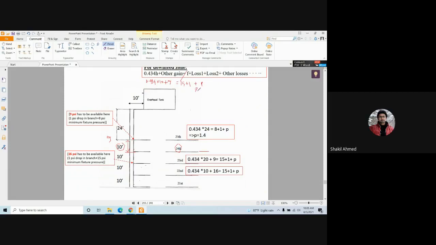The value would be 0.434 into 10 plus 9 minus 16. So this will be what? Tell me the value. You'll get an interesting value. Tell me the value, please.